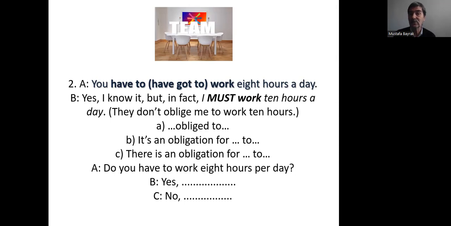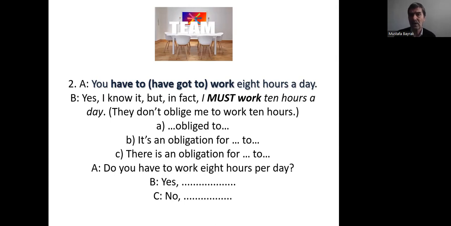In fact, it's an obligation for me to work 8 hours a day, but for my personal decision, because of my personal situation, it's an obligation for me to work 10 hours a day. Or there is an obligation for me to work 10 hours a day. Do you have to work 8 hours per day? Yes, I do. Or yes, I have to work 8 hours per day.